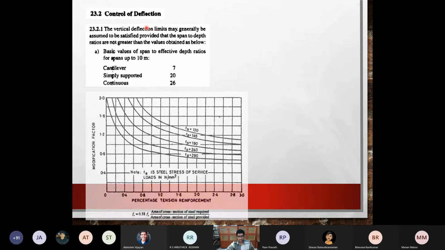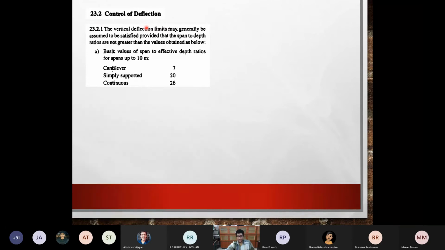So in general, there is one principle: whenever you do a design for a beam or column or whatever it is, you will design that particular thing for collapse. For example, if you have a beam, you will design it for its bending moment, decide its depth, decide its reinforcement, check everything, do the design entirely. Once you see that the design is done properly, later you check whether deflection is okay.